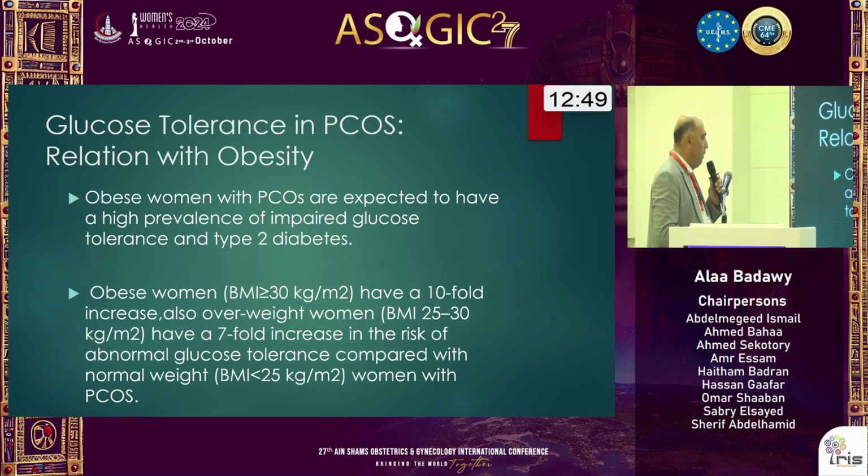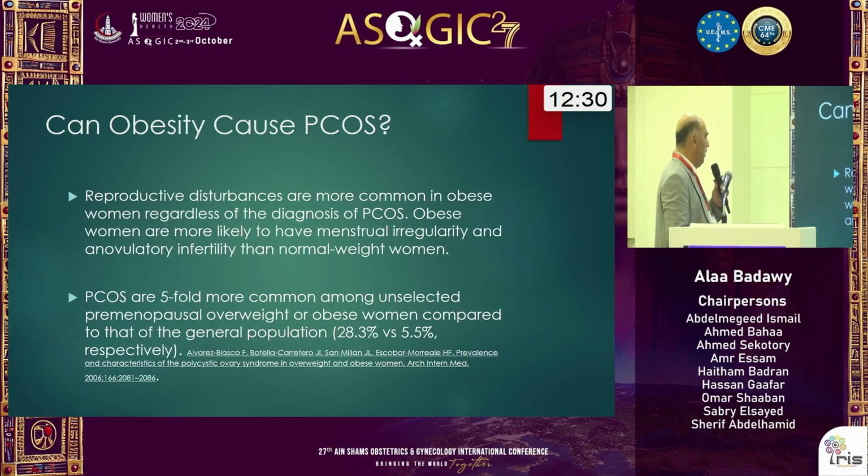Obese women with BMI above 30 have a 10-fold increase. Also, overweight women have about a 7-fold increase in the risk of abnormal glucose tolerance compared with normal weight women with PCOS. So they have a much higher risk for this.